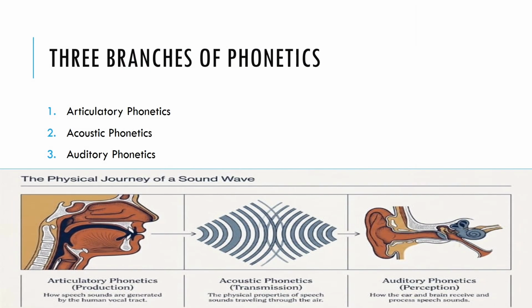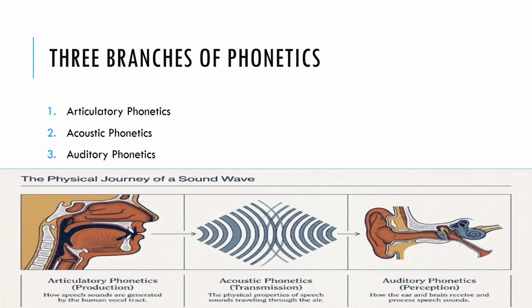The branches of phonetics. There are three branches of phonetics: articulatory phonetics, acoustic phonetics, and auditory phonetics. So we will look at them one by one. Firstly, articulatory phonetics, that is concerned with the production, means how speech sounds are generated by the human vocal tract, in which the teeth, our lips, our tongue are involved. On the other hand, acoustic phonetics deals with the transmission, means the physical properties of speech sounds traveling through the air.